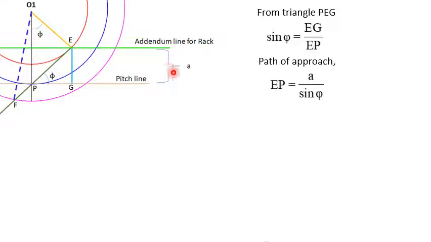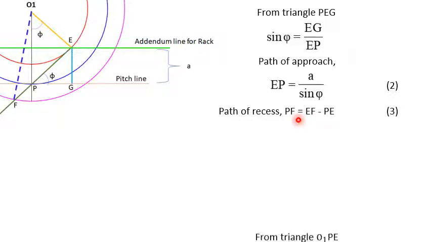EG is nothing but small a, so in place of EG we substitute small a, giving a divided by sine phi. Call this equation number 2. Next, the path of recess. PF is the path of recess, which can be determined by considering the total length EF. EF minus PE gives the length PF. Let me call this equation number 3.